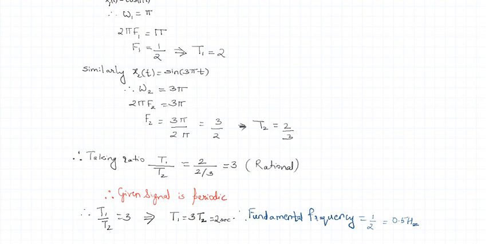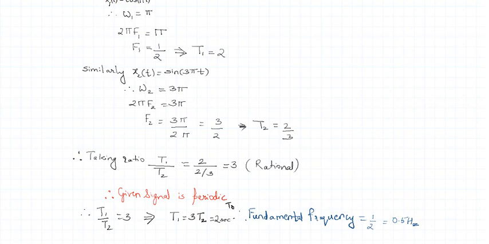What is your T1? T1 is 2. What is your T2? T2 is 2 by 3, and 2 by 3 into 3 is 2. Any value you use as per this relation, you get the answer to be 2, which is nothing but the fundamental period. This 2 seconds is your fundamental period T naught.